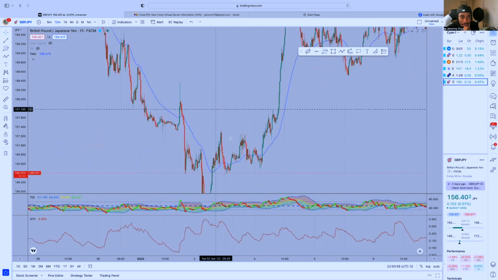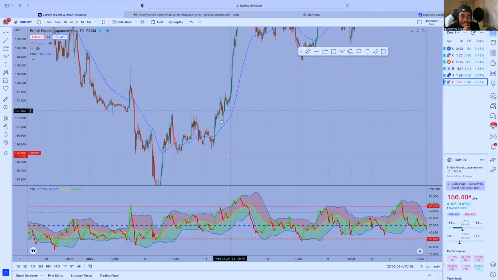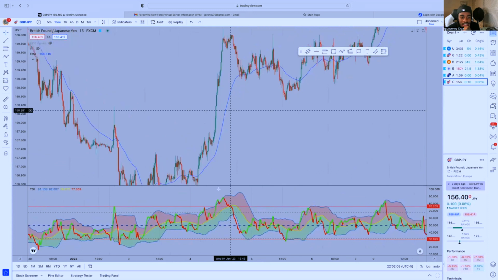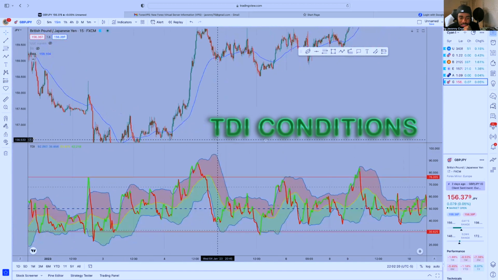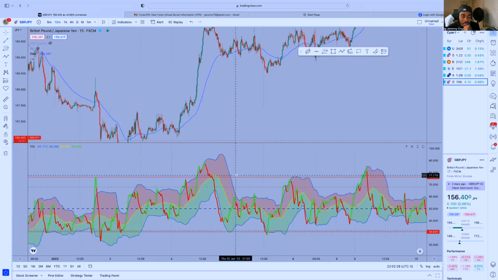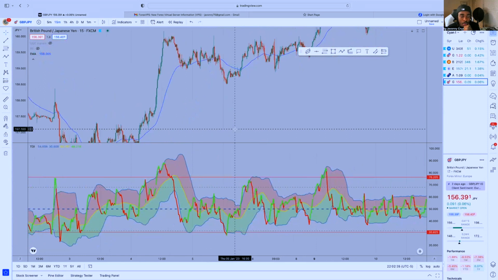Okay guys, so I coded this EA to only take buys once price is above this 50 moving average. And the second condition is that the TDI has to be above 75. Okay guys, so that basically means that it's trending to the upside. I know a lot of people think of it as overbought and oversold here, but basically I'm thinking of it as momentum.